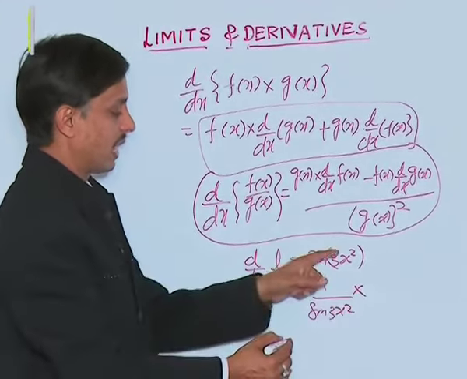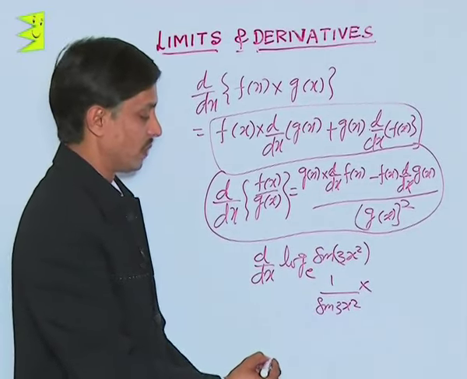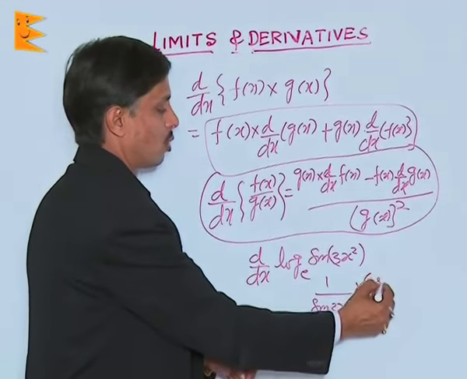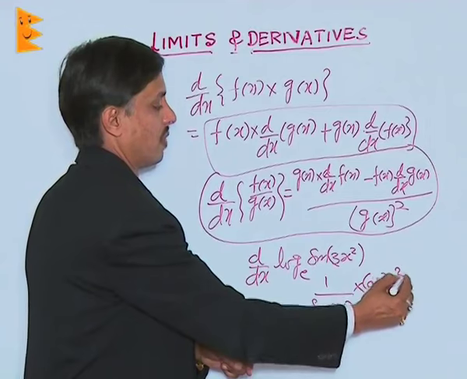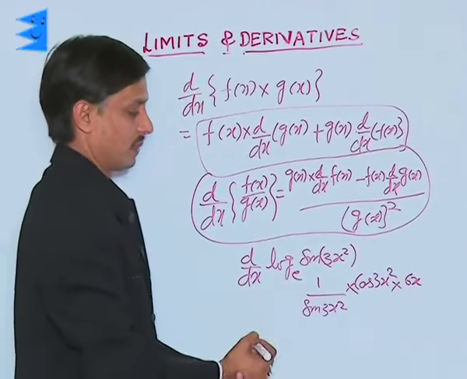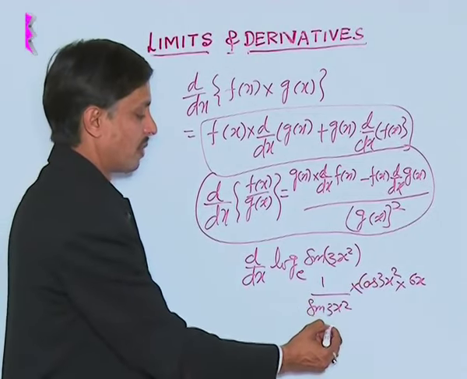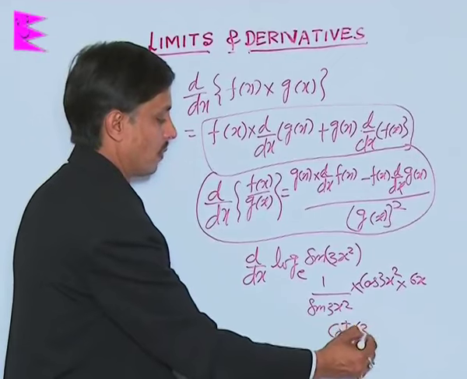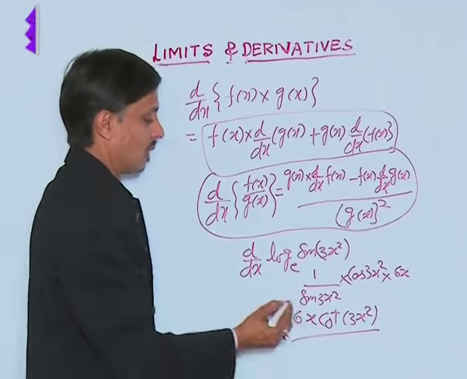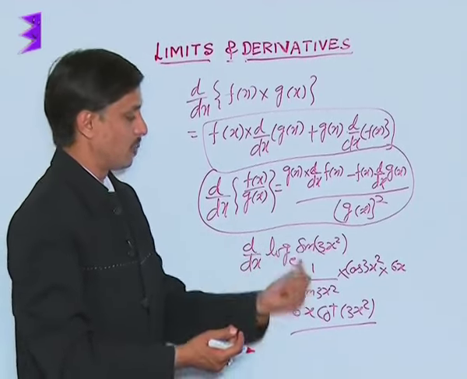The derivative of sine is cos 3x square, and the derivative of 3x square is 6x. So cos 3x square upon sine 3x square, as per trigonometry, is cot of 3x square, into 6x. So this becomes 6x into cot of 3x square, as per the chain rule.